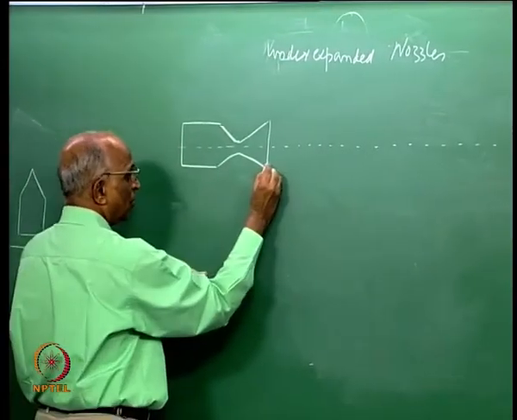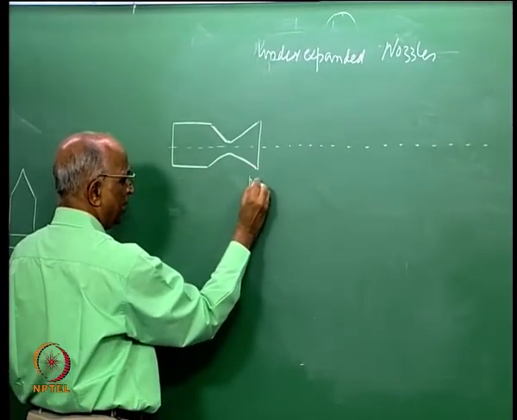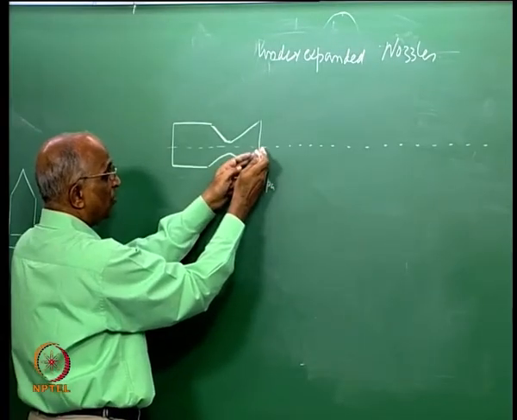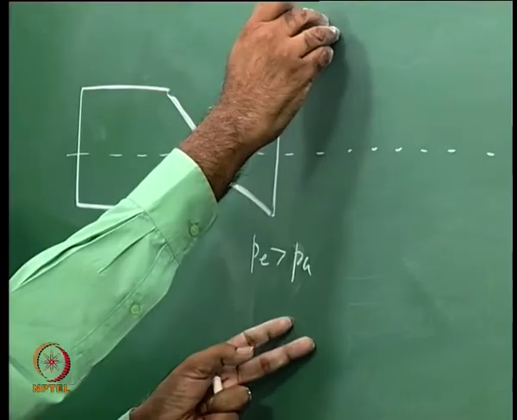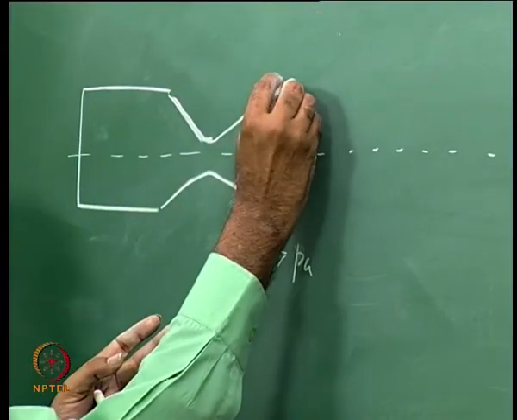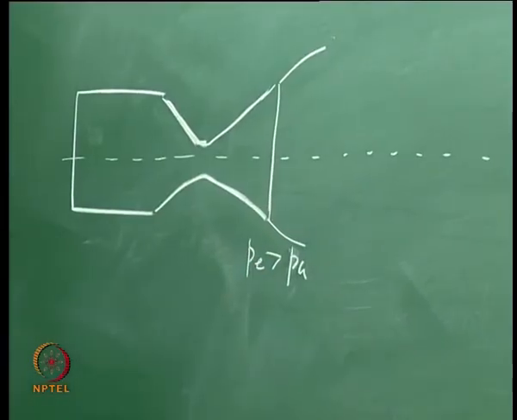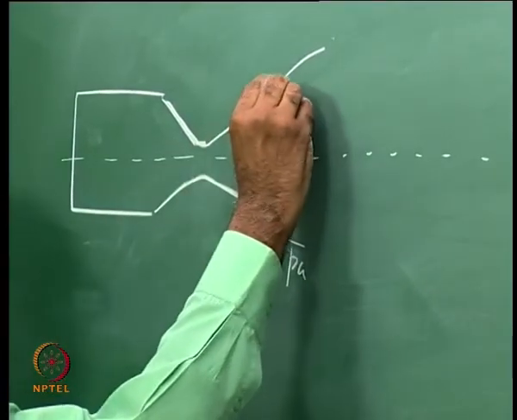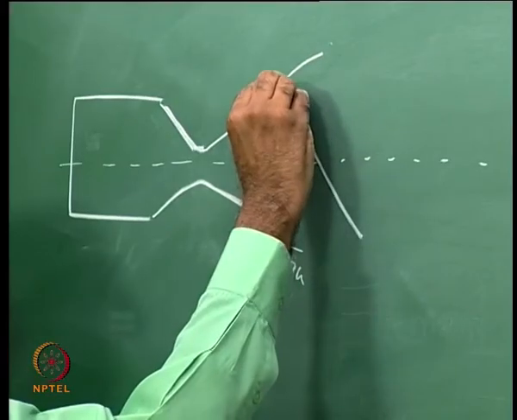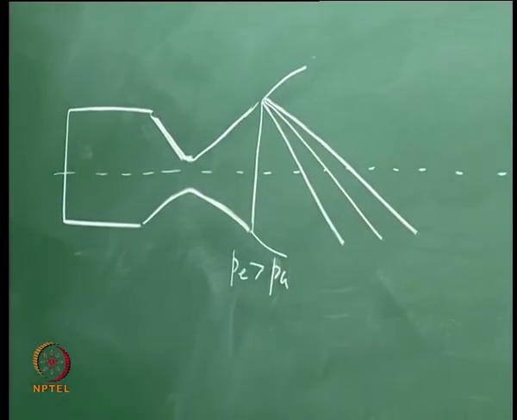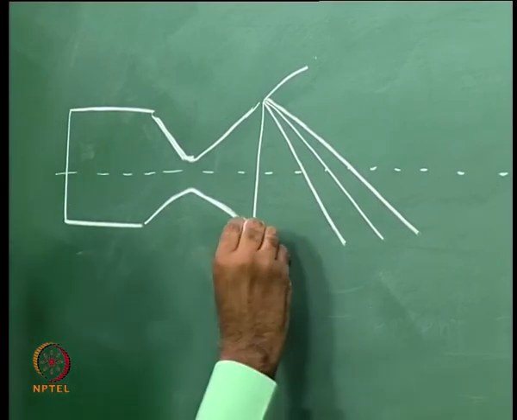We tell ourselves for the under expanded nozzle PE is greater than PA, therefore when the flow comes here it meets a lower pressure, therefore the flow is going to expand out like this. And how does the flow expand out? I have rarefaction fans which are generated, Prandtl-Meyer expansion at a point, and similarly over here.